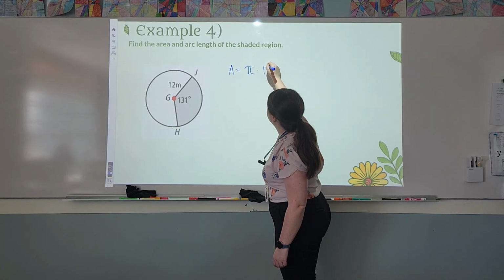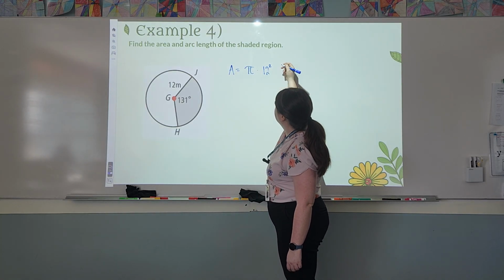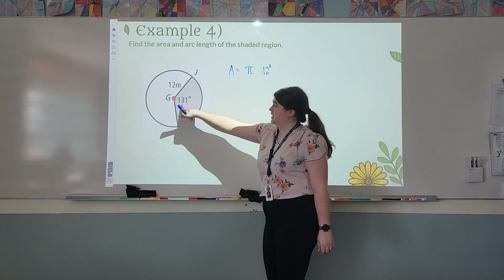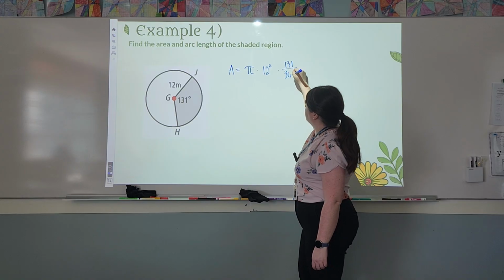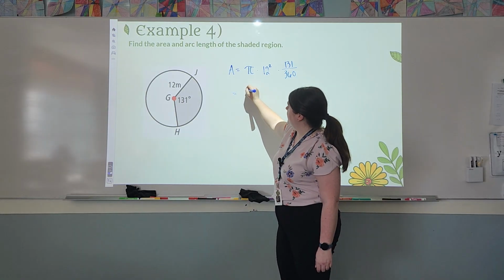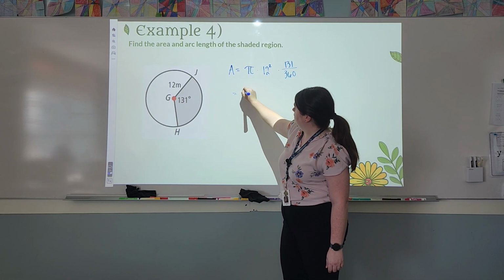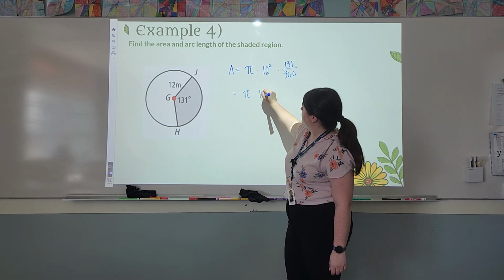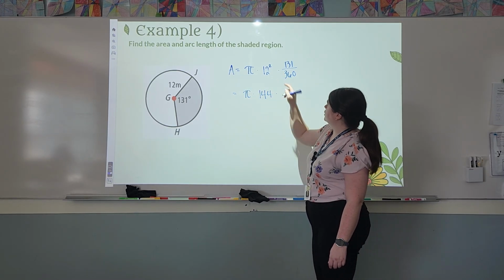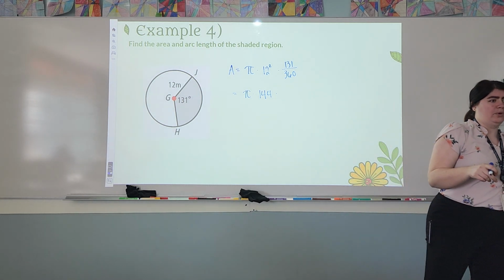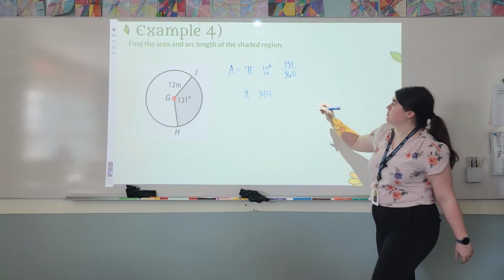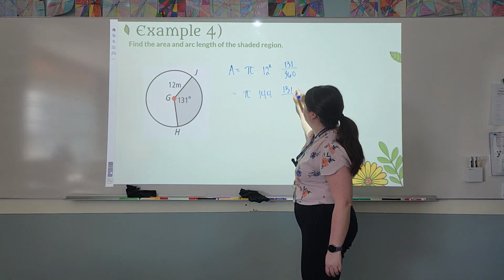Okay. 12 squared times the degrees, 131, out of 360. So we have 144 for 12 squared. 131 over 360 is not going to reduce, so 131 over 360 is how we're going to leave it.